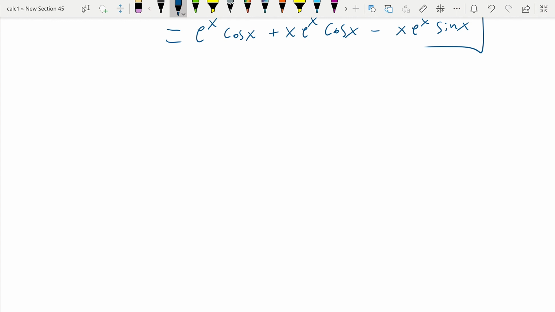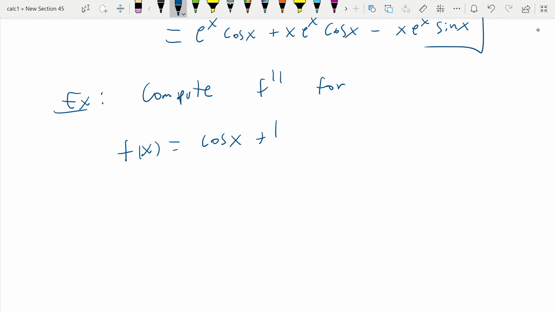So one thing, for instance, that you may be asked to do would be to compute f double prime for f of x equals cosine of x plus 1 times e to the x.